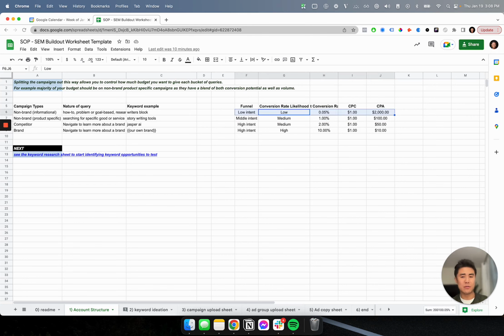Top of the funnel, very low conversion rate. You're not going to get a lot of immediate transaction volume out of this, but it's still useful because the CPCs may be lower and you may get a lot more volume from your investment, which can translate into two things, right? One is you're building your retargeting pools. You're bringing a lot more people to the site.